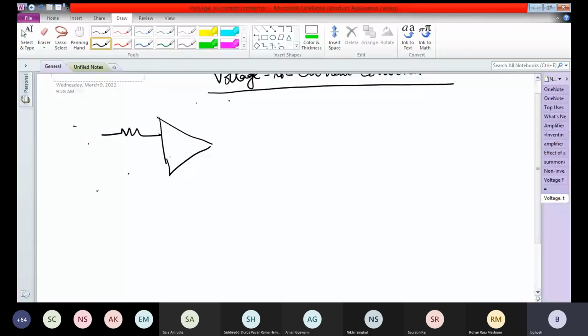So again, this is Vi, this is R1, this is R2, and this is a current source.